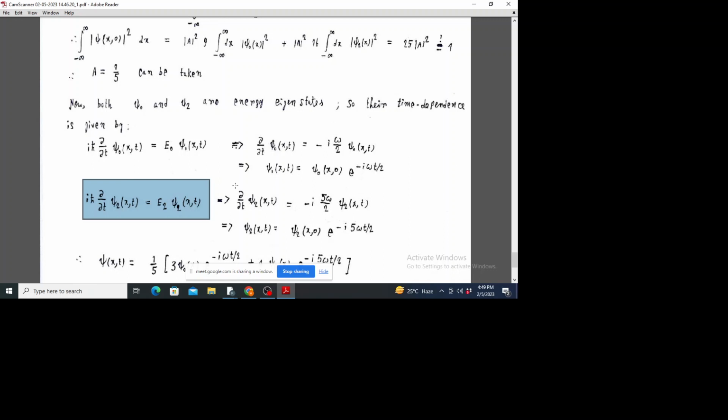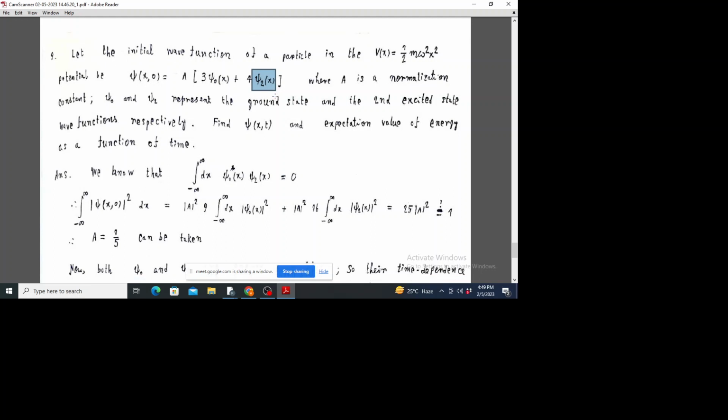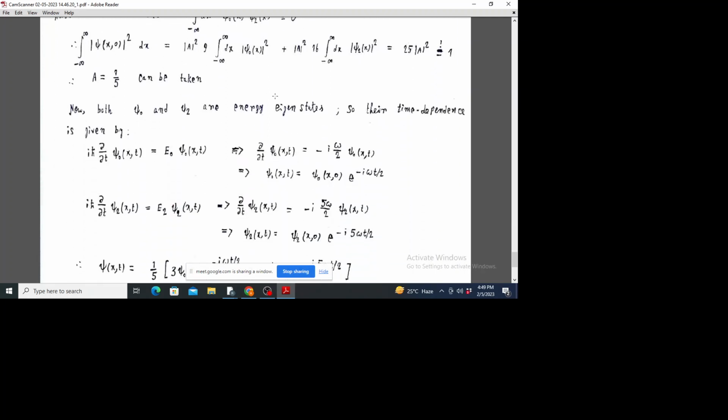Yes, two different levels. So this is the ground state, and this is the second excited state. So they have different energy.